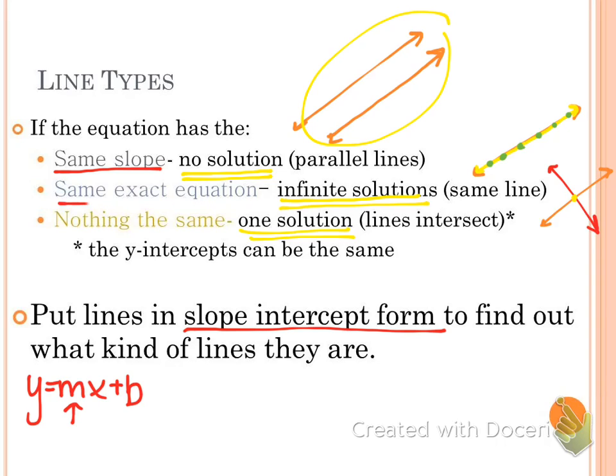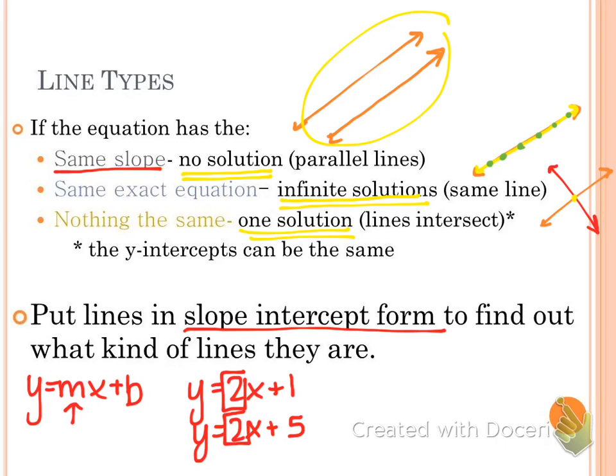If I put them in y equals mx plus b and one of them is y equals 2x plus 1, and the other is y equals 2x plus 5, I know that these are going to be parallel lines because they have the same number in front of x.